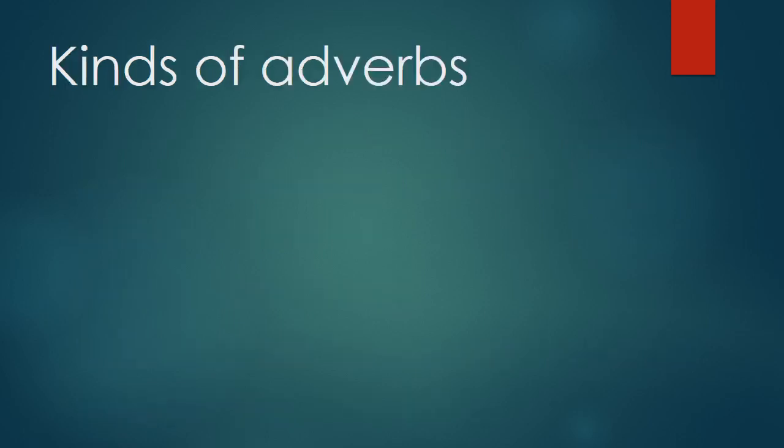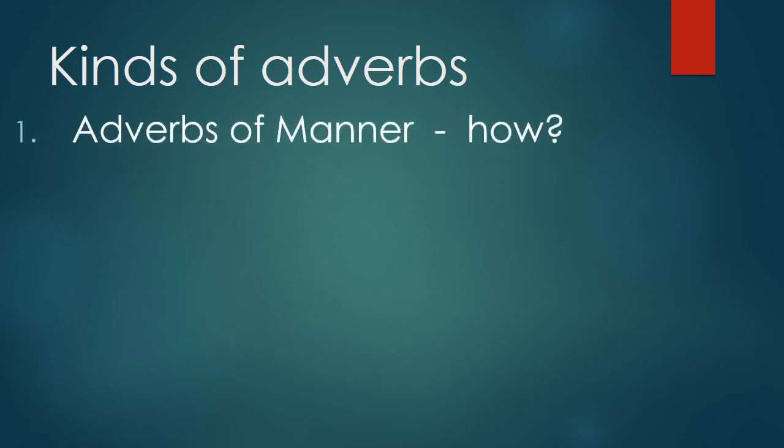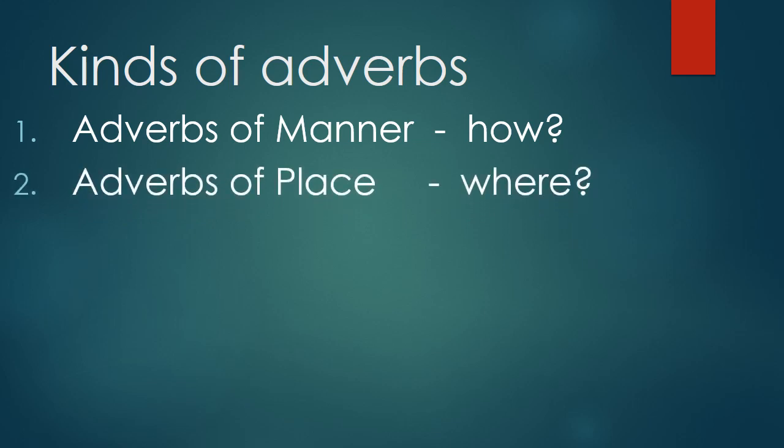Now kinds of adverbs. There are 6 kinds. Adverbs of manner, that answers in how. Then adverbs of place, that answers in where, means where we get the answer of where.